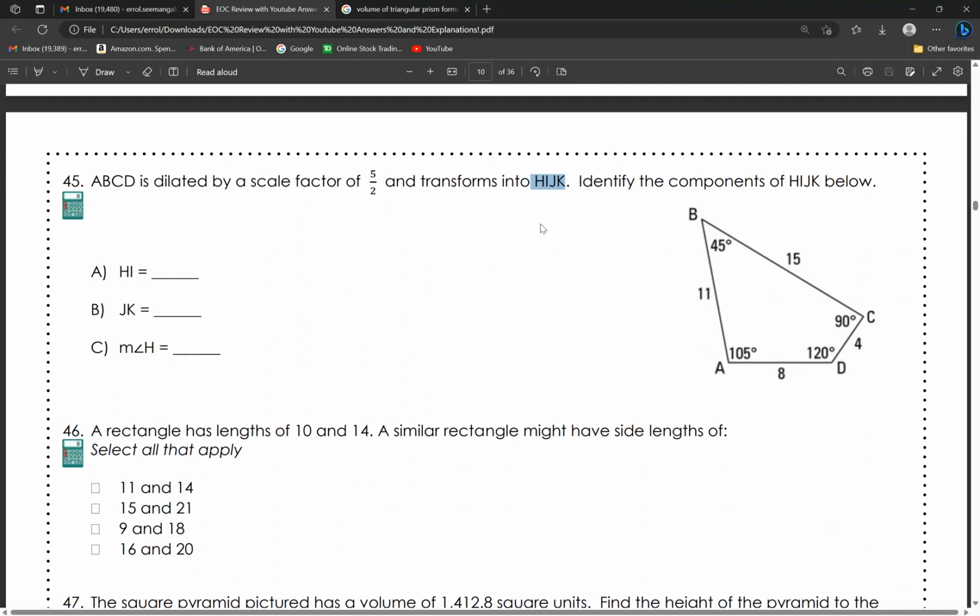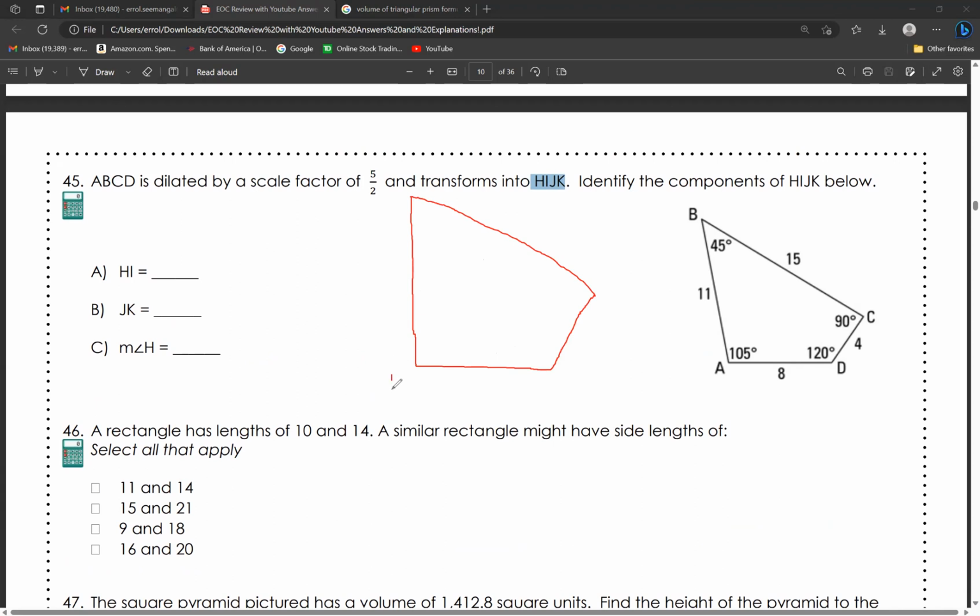Okay, so let's just do this right quick. Let's just draw this. Just imagine this was 2.5 times bigger as the one on the right. Something like that. Okay, so where's A?